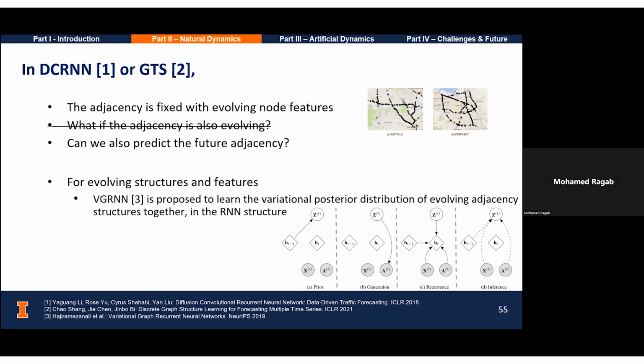So I'm asking because, for example, the fixed adjacency matrix paper is newer than the evolving adjacency matrix one. If, for example, VGRNN has already solved the problem, then how does the discrete graph structure learning paper, because it used a fixed adjacency matrix, it's using the older version, even though it's published afterwards. You got my question?